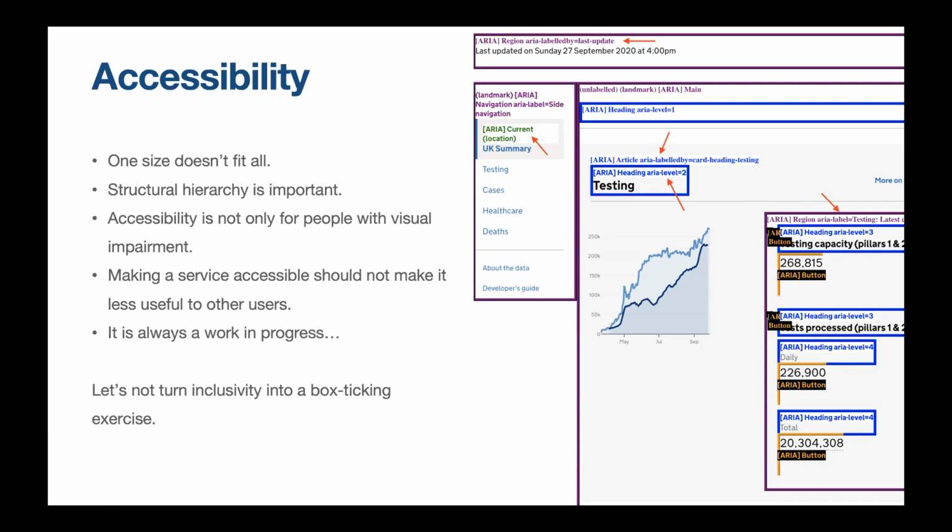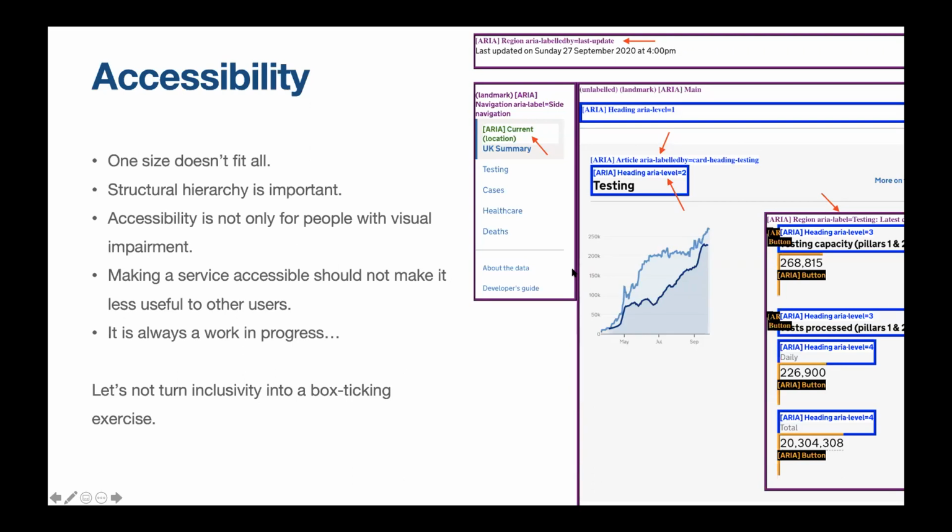And that is the problem with frameworks and guidelines. We can't turn accessibility into a box-ticking exercise. It's very important that we tailor to the needs of the project and the users that we are trying to serve. So the structural hierarchy of the content is very important.